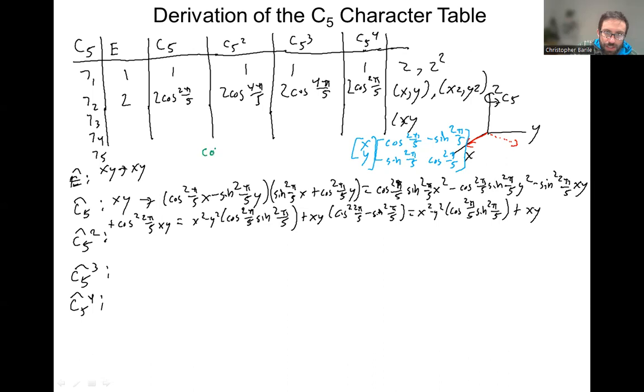So for us, cosine squared 2 pi over 5, that's our x, minus sine squared 2 pi over 5 is actually going to be equal to cosine, there's all these relationships, right? Cosine 4 pi over 5. So that's cool. We can now take out this term and sub it in for something a lot simpler, which is cosine 4 pi over 5.